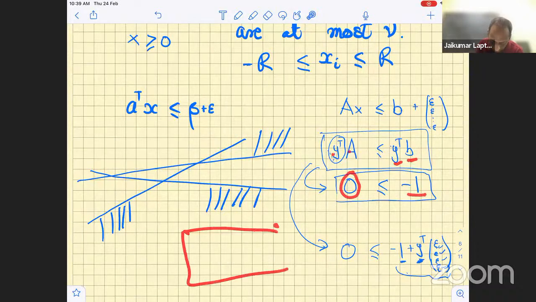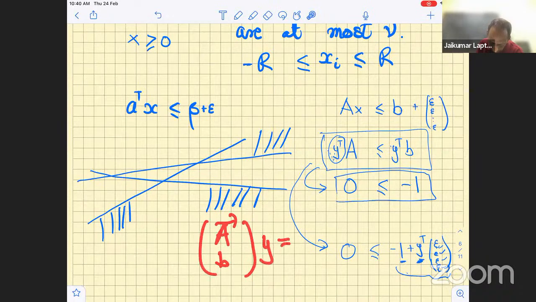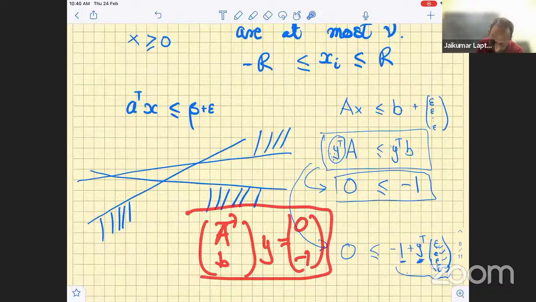So we can write A transpose and b, and write y, so A transpose and b and y, 0 and -1. And we know that if we find a solution y to this system, that would do the job for us.